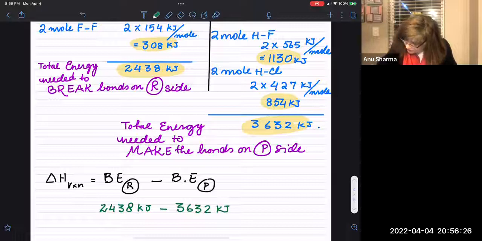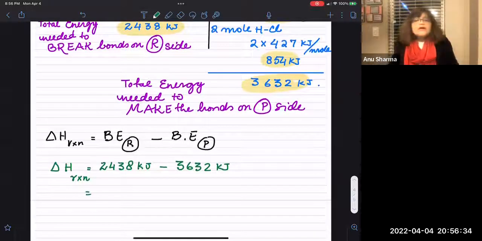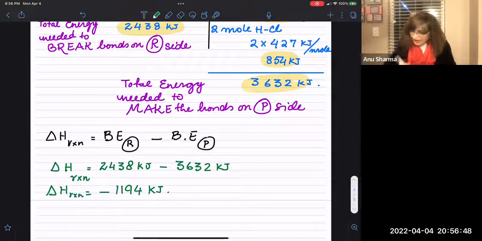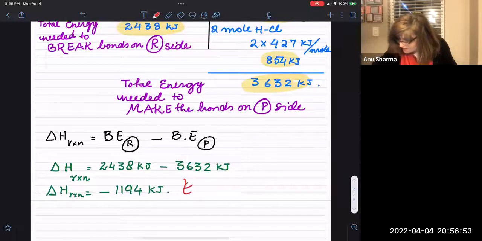This is the value of delta H for the reaction. When you subtract a small number minus a big number, the sign is that of the big number, so it is negative 1194 kilojoules for the whole reaction. Since it is negative, this is exothermic.